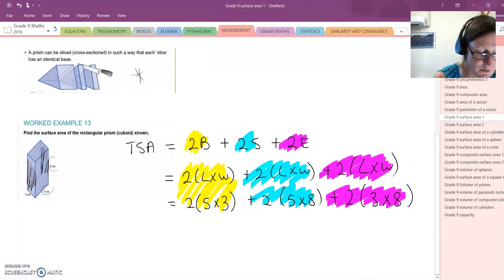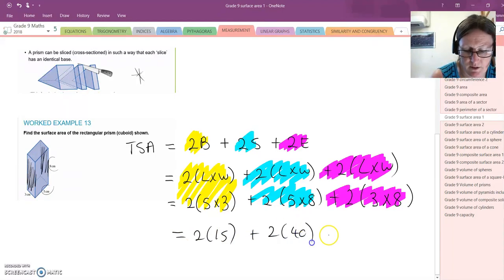So for our total surface area, we say that's 2 lots of 15, plus 2 lots of 40, plus 2 lots of 24. 2 lots of 15 is 30, 2 lots of 40 is 80, 2 lots of 24 is 48.